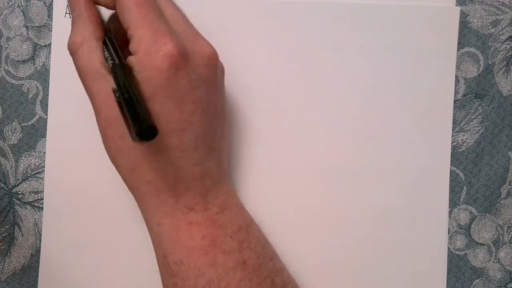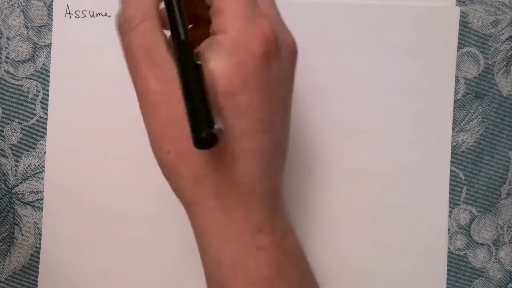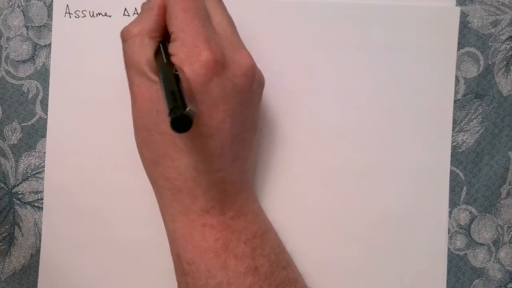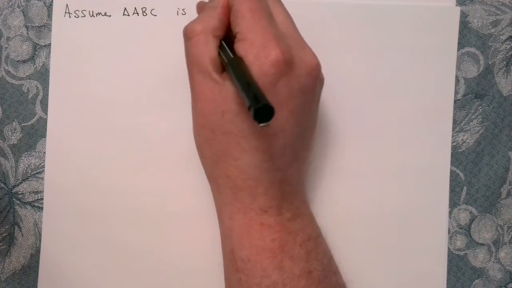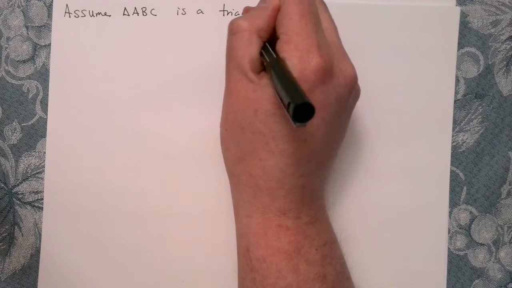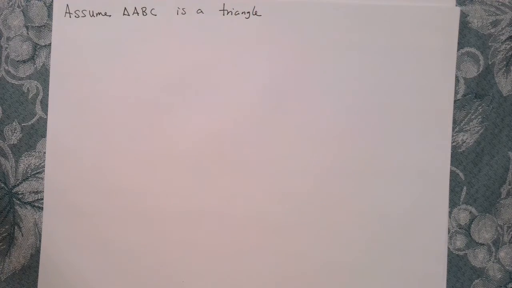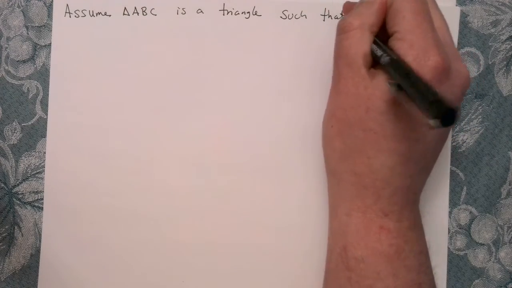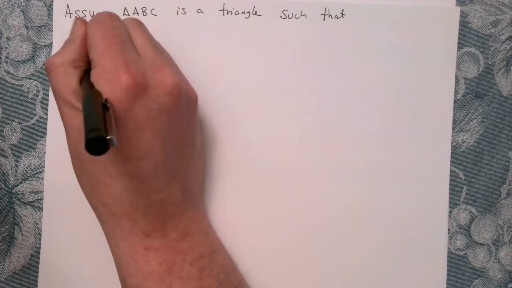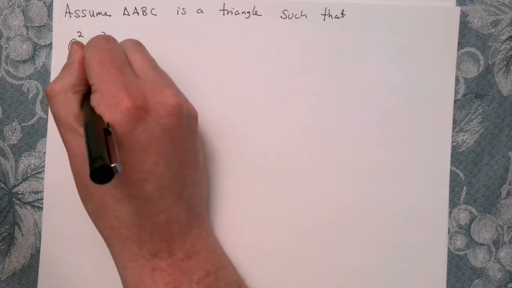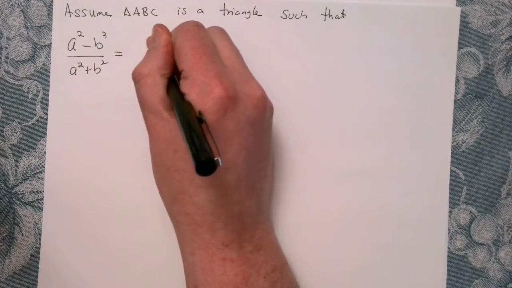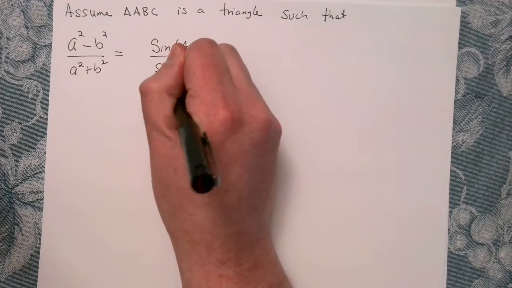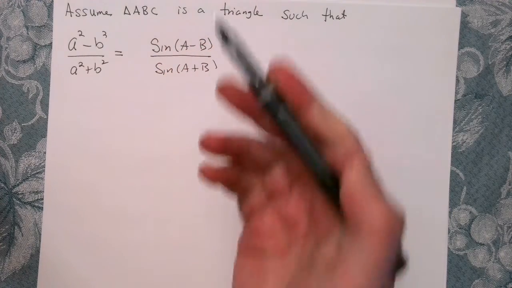So assume we've got some triangle ABC such that (a squared minus b squared) over (a squared plus b squared) is equal to sine of (A minus B) over sine of (A plus B). So we're just imagining we've got some triangle where this holds.